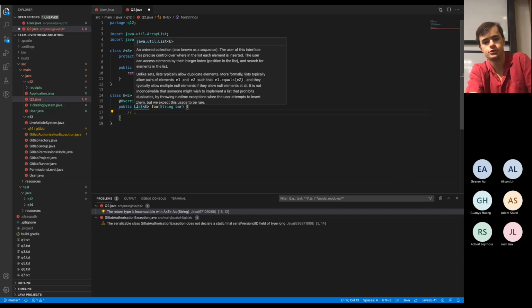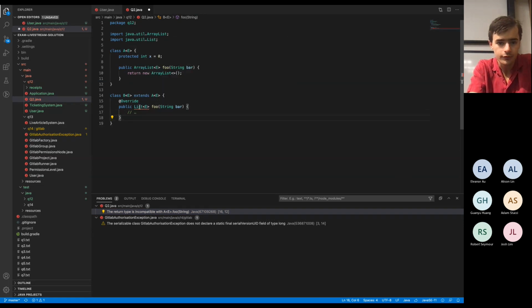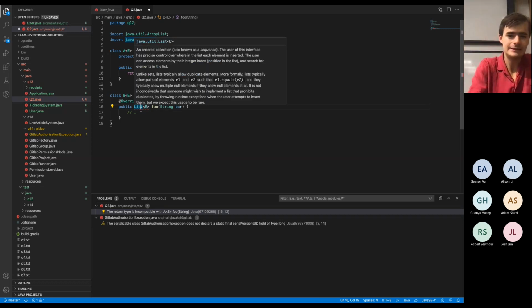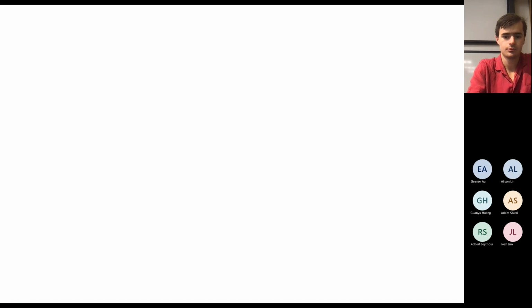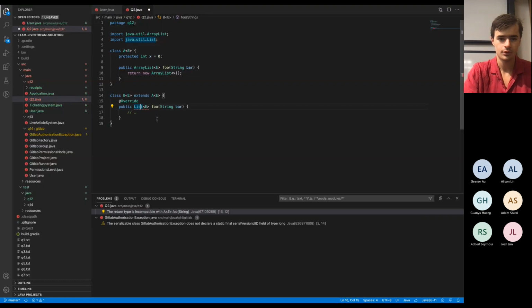And it says the return type is incompatible. The return type is incompatible with ae.foo string. Okay, that's interesting. Why might it be incompatible? Well, it's not compiling, so we can rule out a bunch of these already. Let's go through and see if we can, by process of elimination, rule out these possibilities.